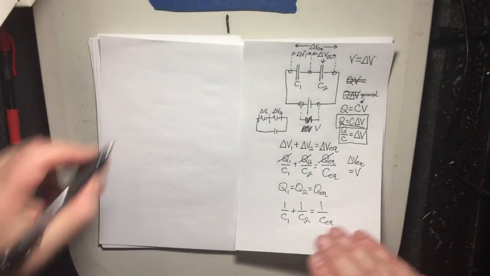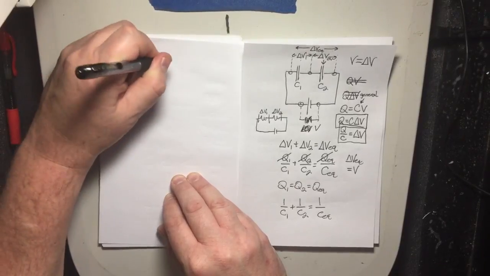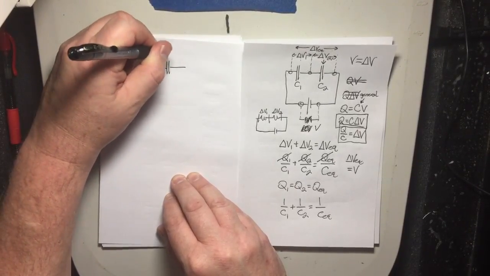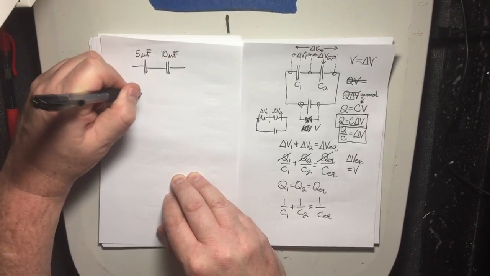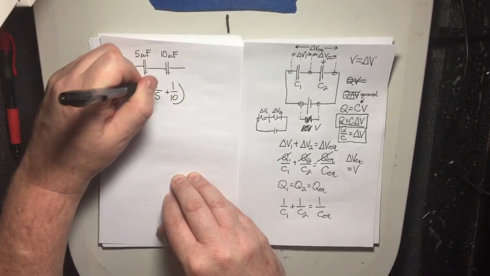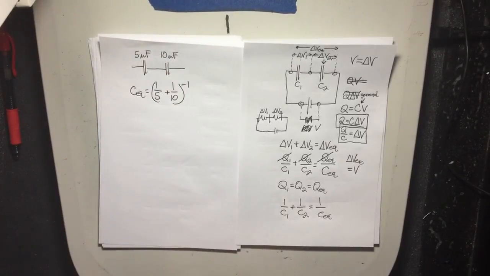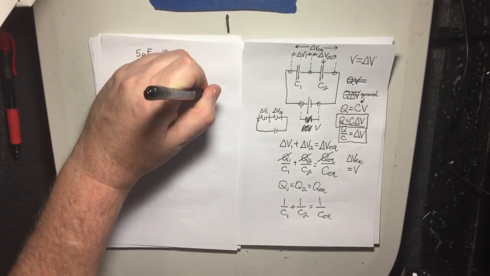So if you had a 5 microfarad capacitor in series with a 10 microfarad capacitor, the equivalent capacitance is 1 over 5 plus 1 over 10, inverted. The micro I just pull out and plop back in when it suits me. So it would be 3.3 repeating microfarads.